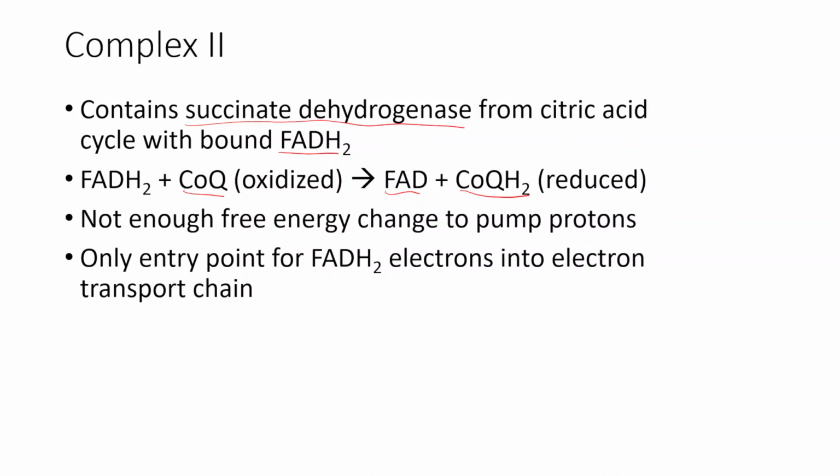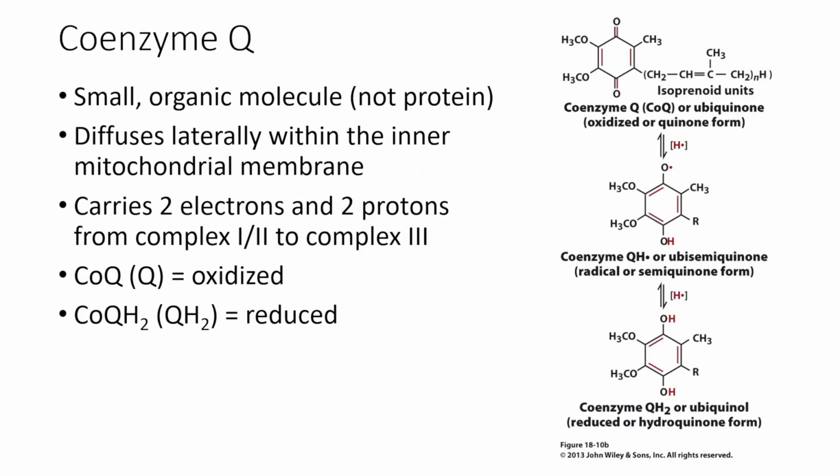But it is the only entry point for those FADH2 electrons. And later on, in complexes 3 and 4, these electrons can help to generate that free energy change to pump the protons into the intermembrane space. It's just not happening in complex 2. And that's different from in complex 1 when NADH was entering and there were protons that did get pumped into the intermembrane space.